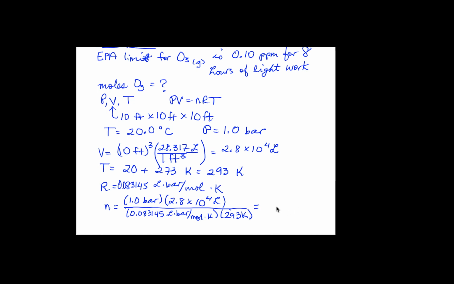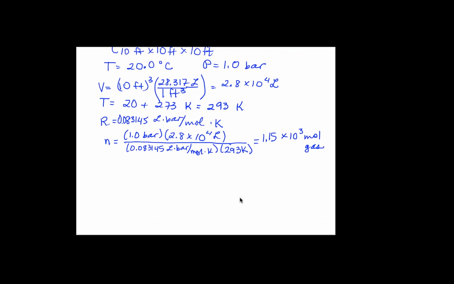And if I do this calculation, I'm going to find that my total number of moles of gas is about 1,000 moles of gas in this room. And I want to know how much of this gas is ozone.